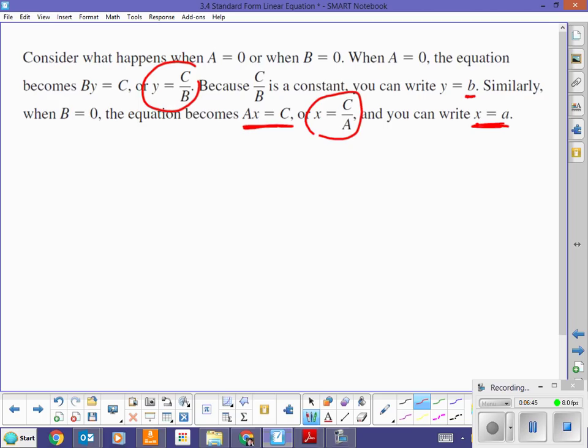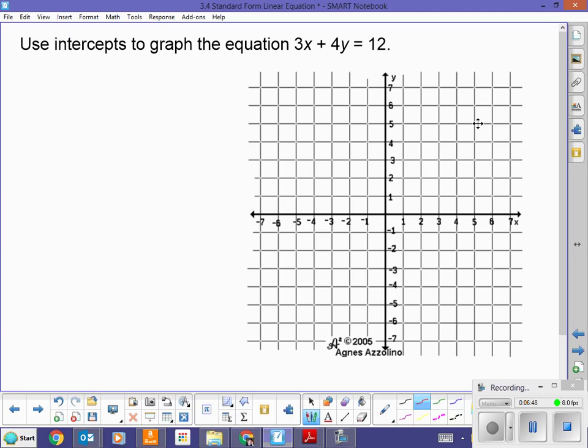We're going to just practice it here. Okay, so use intercepts to graph the equation 3x plus 4y equals 12. Okay, so I'm going to kind of note this as I go. I'm going to say this is calculating the x-intercept. Okay, so we said that the value of the x-intercept is the value of x when y equals 0.